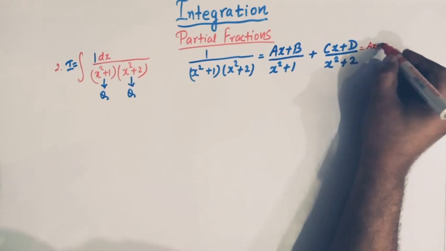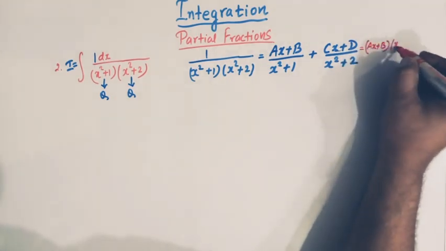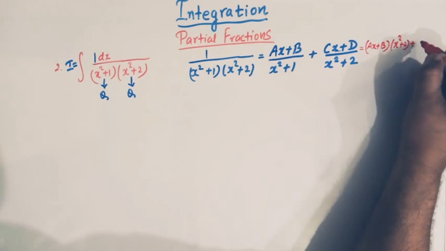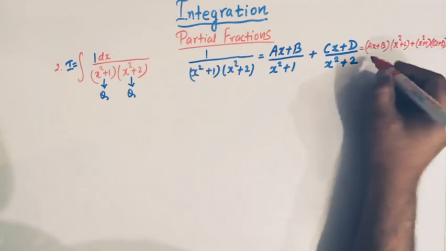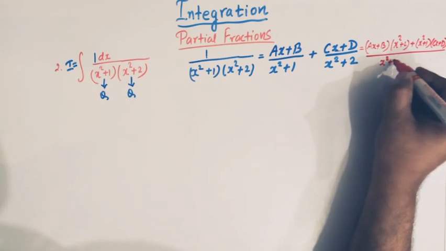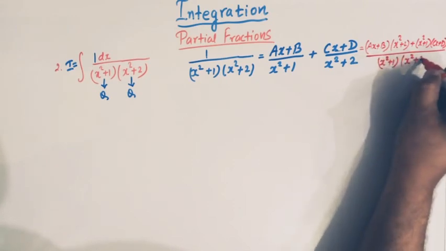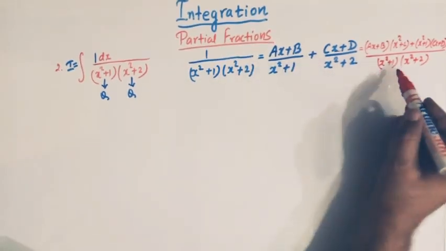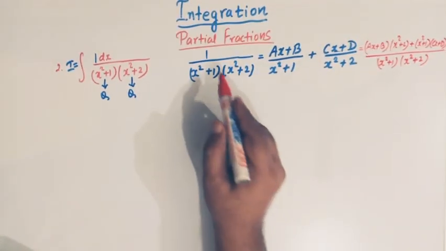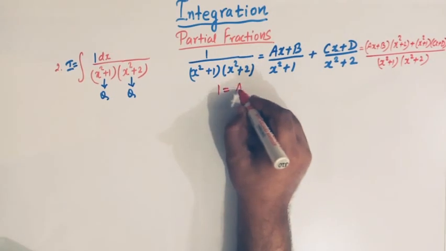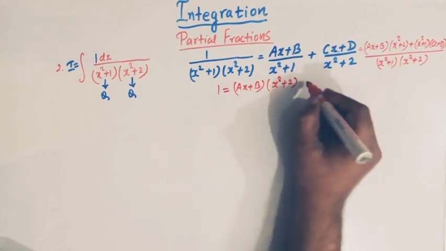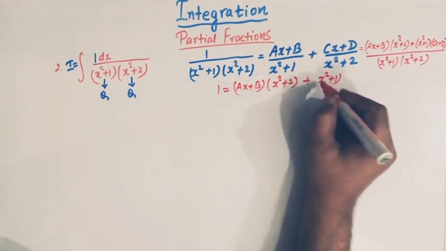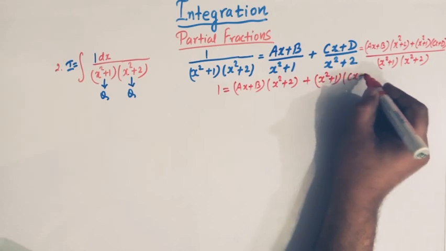So we have ax plus b times x square plus 2, then we have x square plus 1 times cx plus d, divided by x square plus 1 times x square plus 2. Now cancelling out the denominators, we can say that 1 is equal to ax plus b times x square plus 2, plus x square plus 1 times cx plus d.